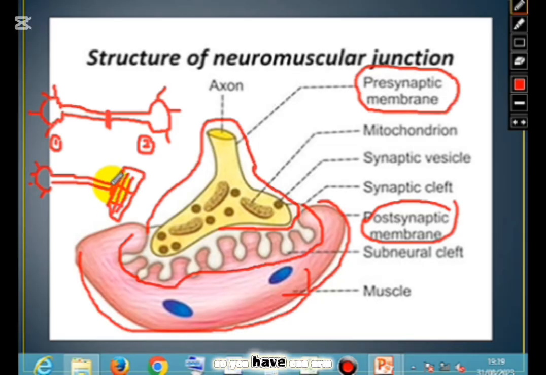So you have one nerve and the muscle fiber uniting. This type of synapse is known as the neuromuscular synapse because the union is between a nerve and a muscle.